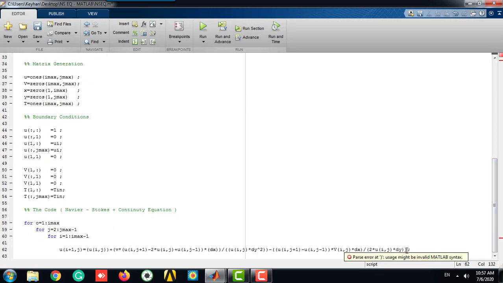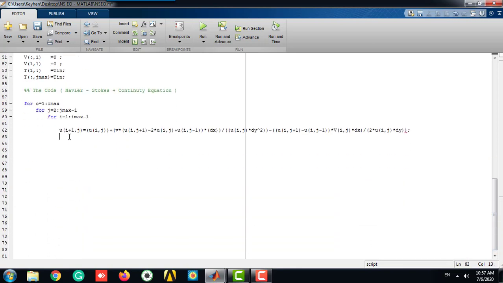For calculating the V i,j, we write the continuity equation under this code in the next line. So V i+1,j equals V i+1,j-1 minus 0.5 multiplied by dy multiplied by u i+1,j minus u i,j plus u i+1,j-1 minus u i,j-1, divided by dx.